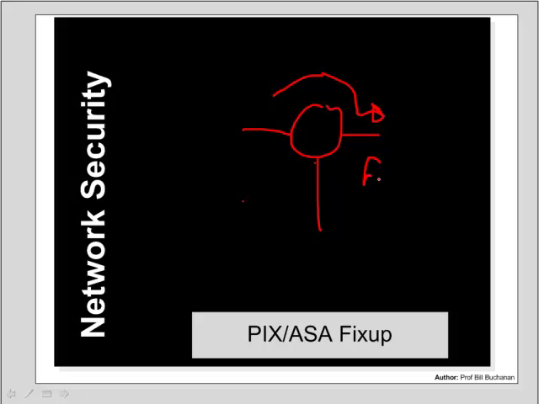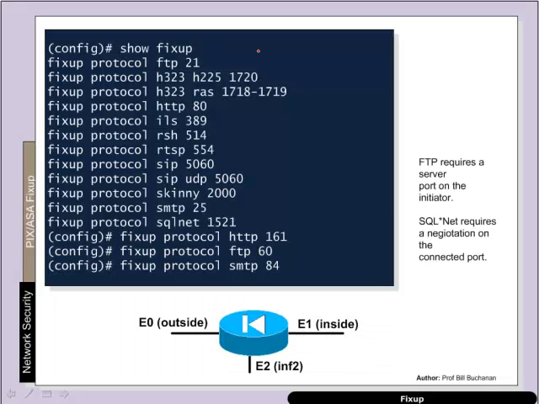So typical difficult protocols are FTP and RSH. SIP also creates certain problems. So if the protocols that we have map to different ports, we can use the fixup protocol command to define which ports these difficult protocols relate to.